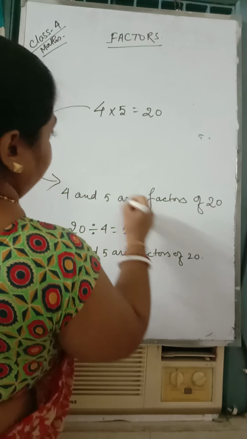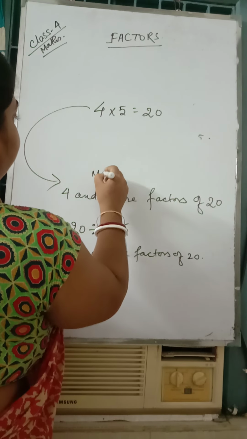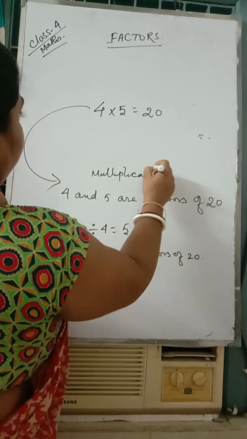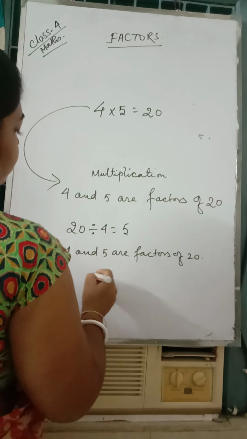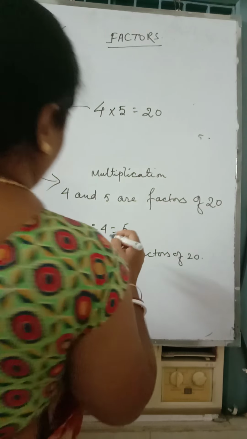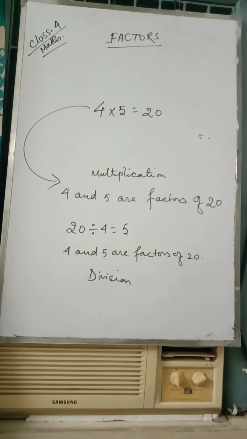This is called the division method. So we have these 2 ways to find factors. Other than these, we have prime factorization also, which we will read next, not immediately.